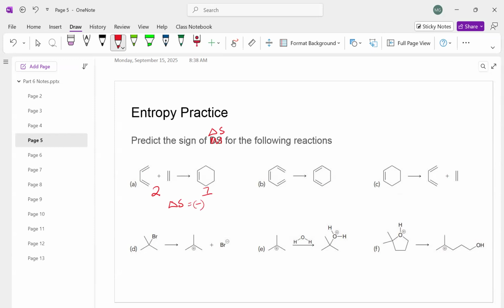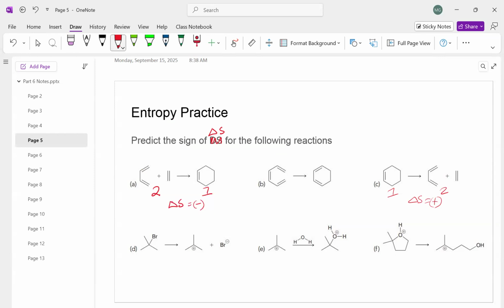Entropy will go down. Now let's skip over to C just to compare it, because it's the same reaction but in reverse, where we're going from one molecule to two. And so an increase in the number of molecules is going to result in an increase in entropy.